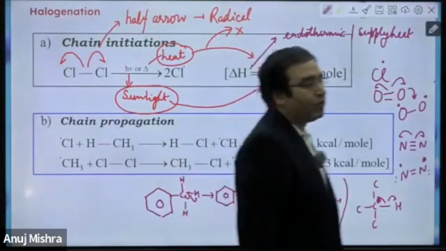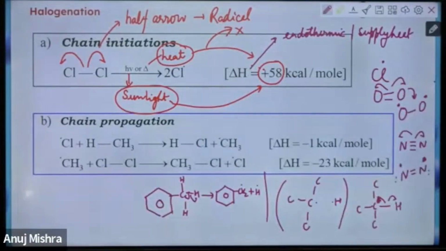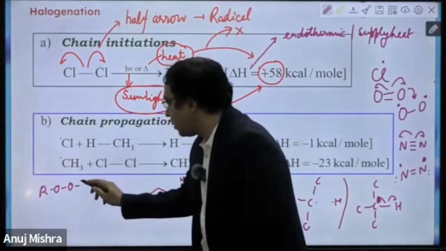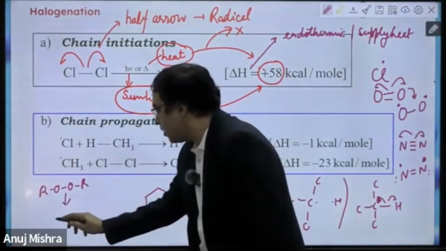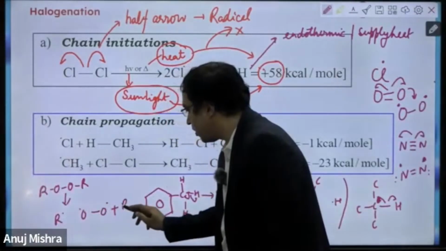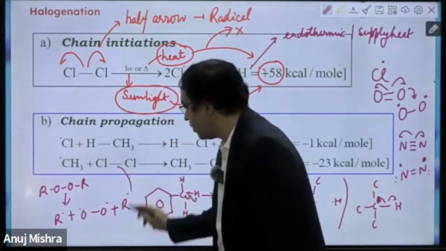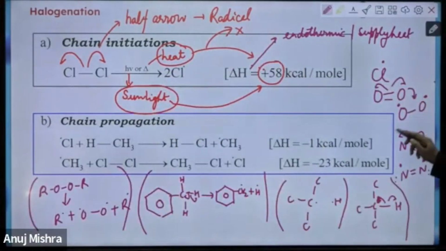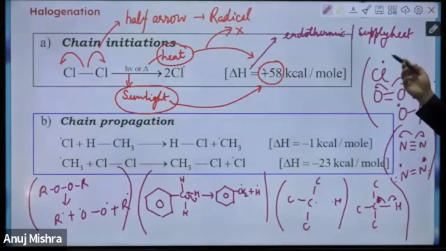Okay, please note down all the cases. Write all of them. This looks easy, but gradually things get harder. How will peroxide group break? ROOR. Note down this, this one, this, and chlorine already is.